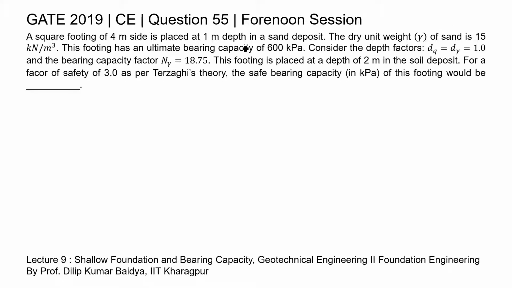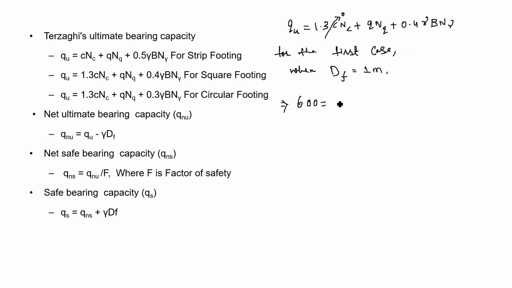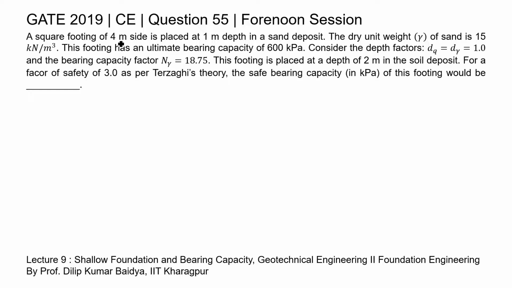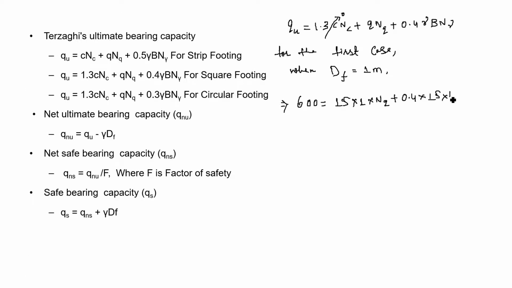Gamma is 15 and depth of foundation is 1, so gamma into Df into Nq plus 0.4 gamma B N gamma, where the width of the footing is 4 meter and N gamma is also given as 18.75.